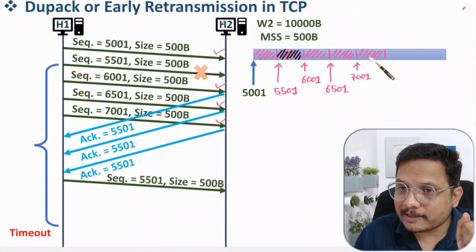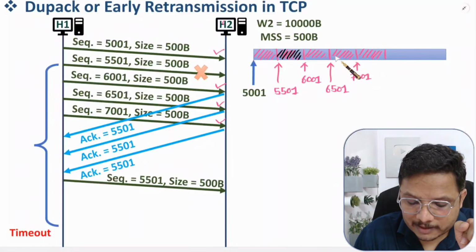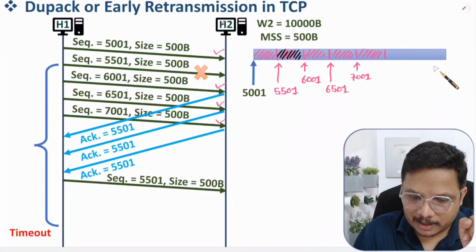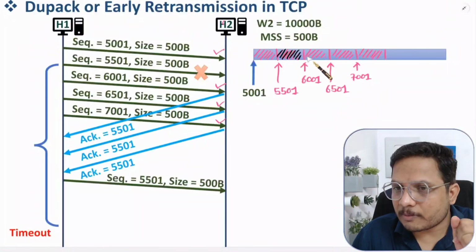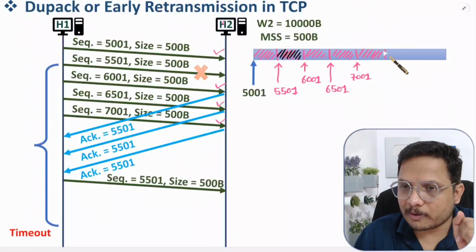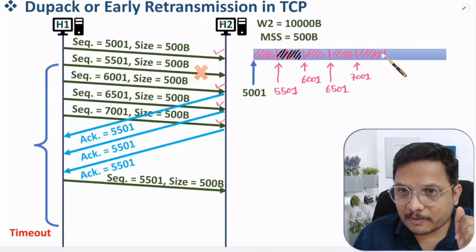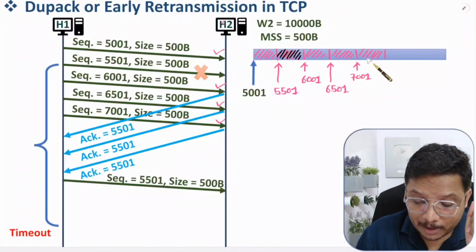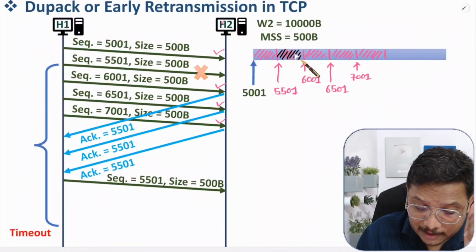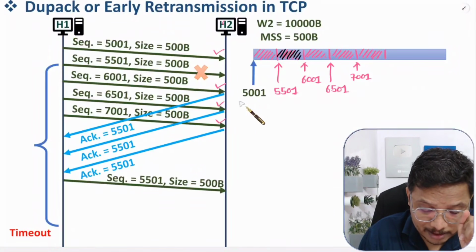It has stored them inside the window. The reason is the window has the capacity of 10,000 bytes, so it can obviously store them inside this window. And as it can store them, there can be out of order reception, right? But still H2 is waiting for this, and for that it was giving acknowledgements here.